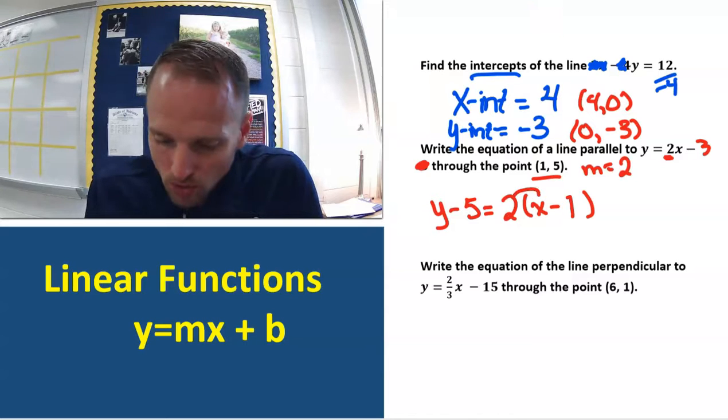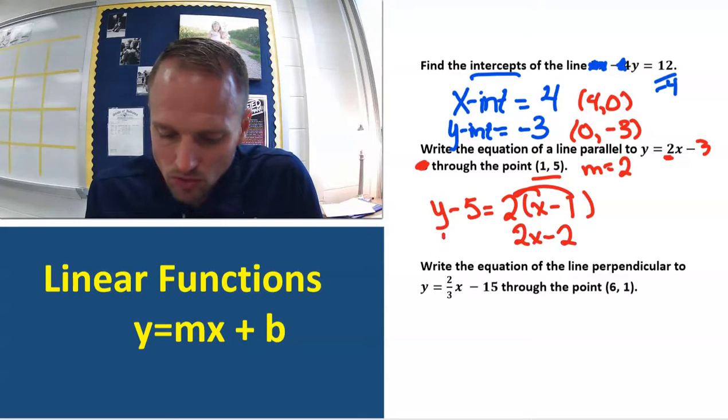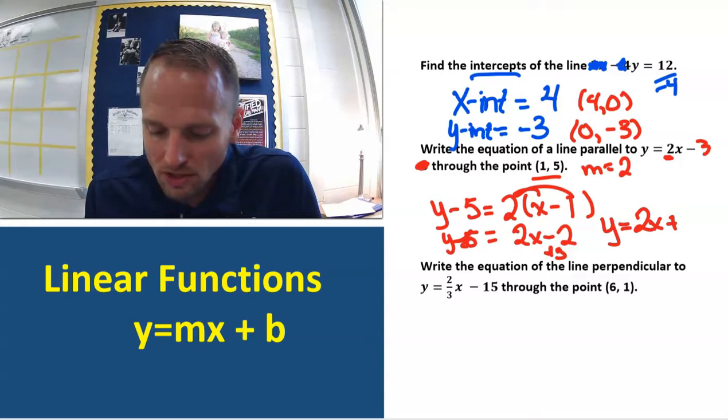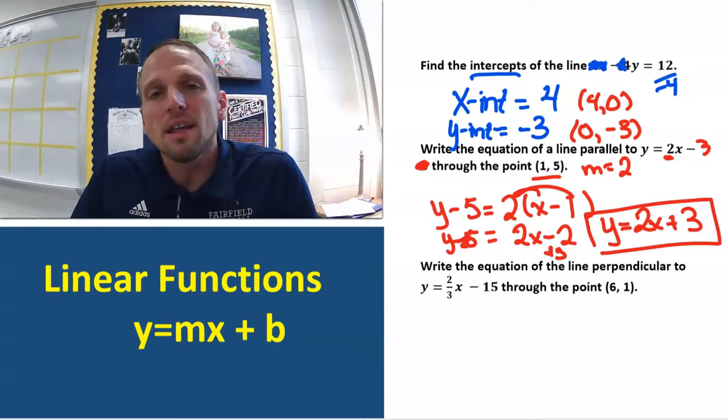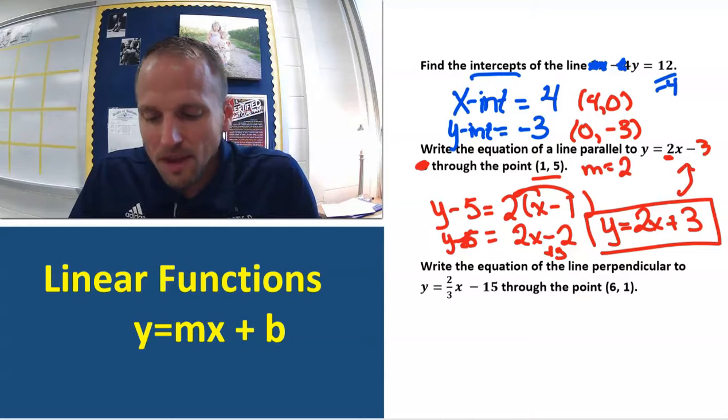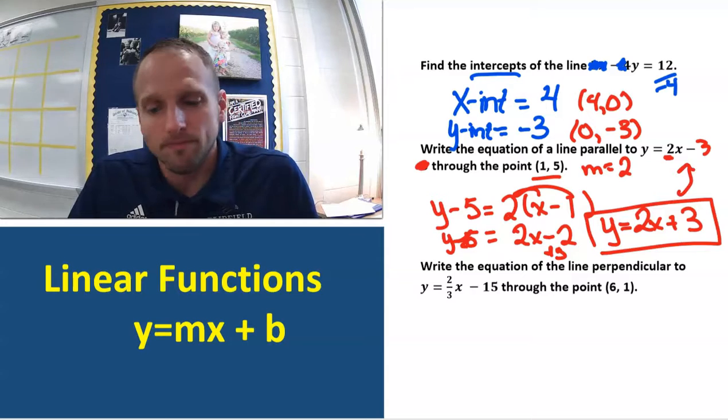Okay, distribute: 2x minus 2. And then add the 5 over. And we'll see that this is going to be y equals 2x plus 3. That's the equation of the line that's parallel to y equals 2x minus 3 and goes through the point (1, 5).